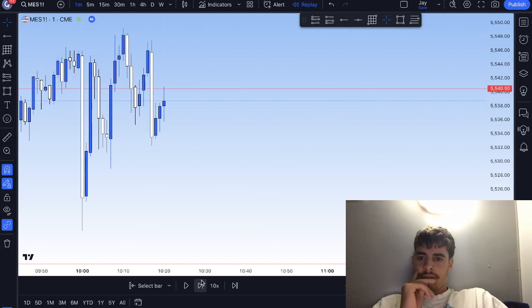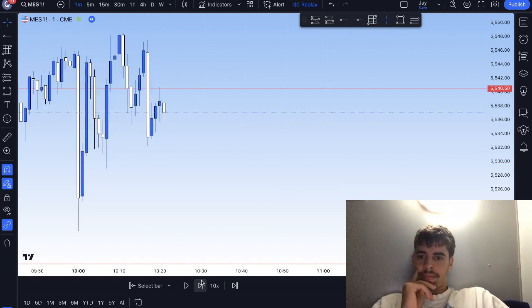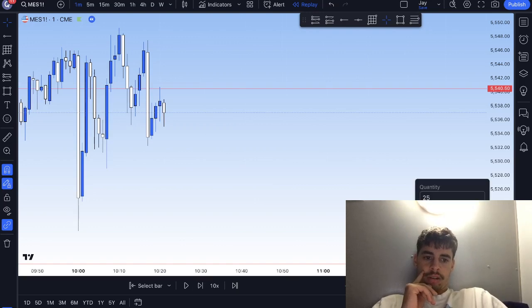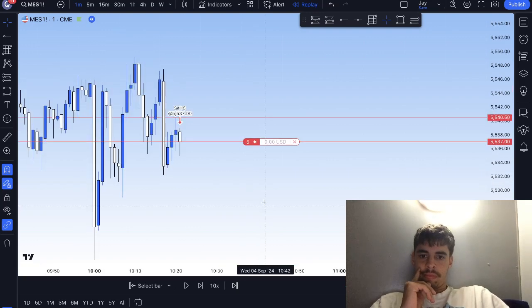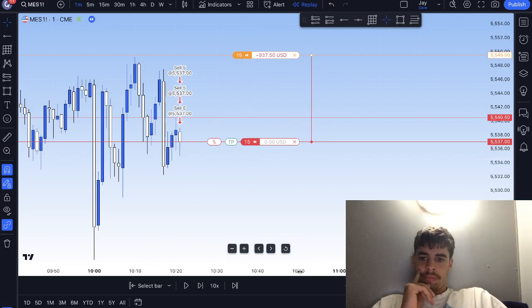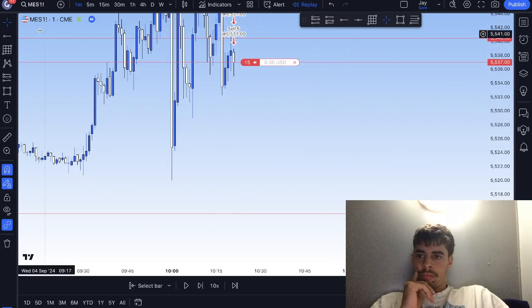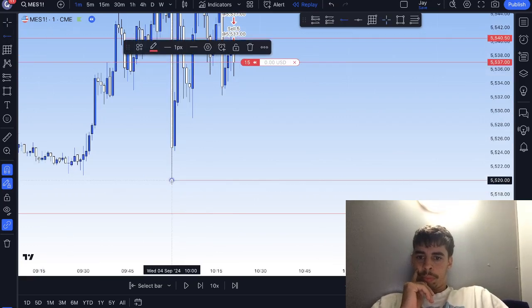Break of structure, fill a fair value gap, close out bearish. Holy shit. TP1.